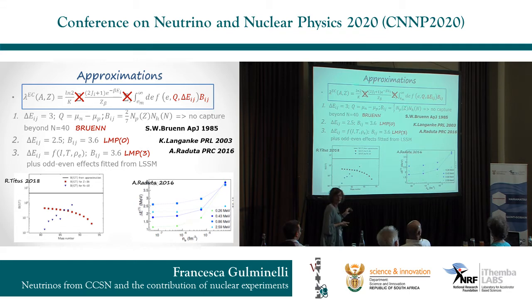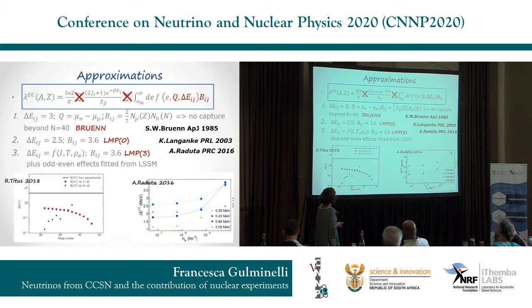And for this analytical expression to be trustable or reliable, the Q value, the transition energy, and the matrix element of the transition are taken as parameters that are adjusted so as to reproduce as well as possible the full picture.